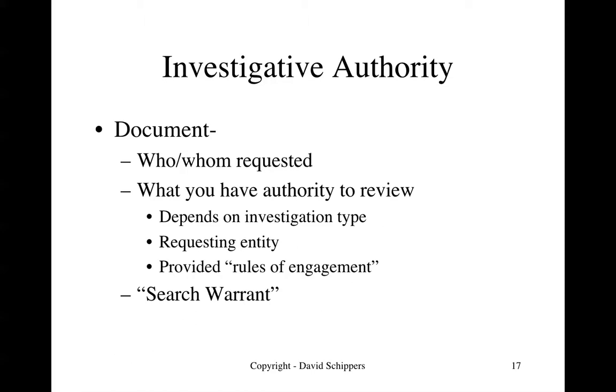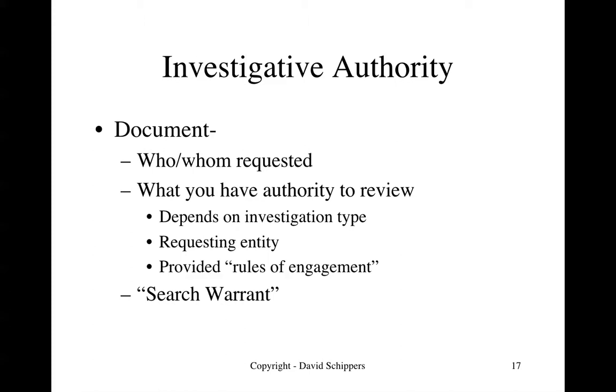Now, as you begin an investigation, you should be documenting who or whom, so which parties requested the investigation, and what they're asking you to do. So in other words, what do you have the authority to review?